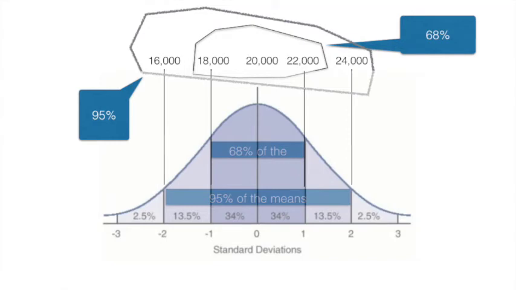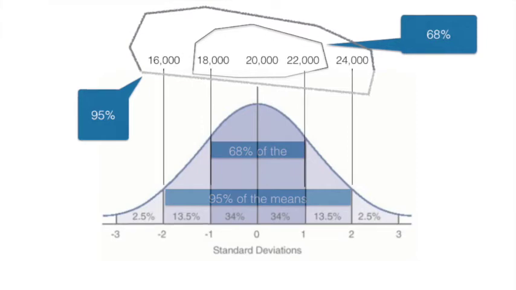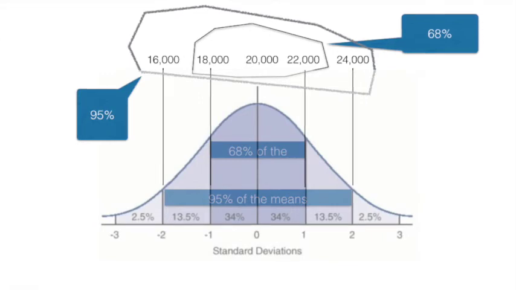They answered that the average income is 20,000. The standard deviation is 2,000. So, 20,000 plus 2,000 equals 22,000, right? 20,000 minus 2,000 is 18,000. Because our standard deviation is 2,000.